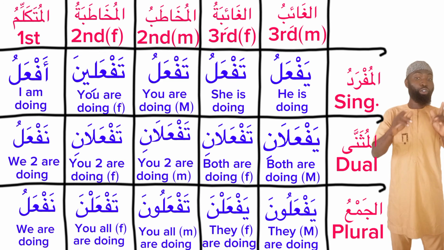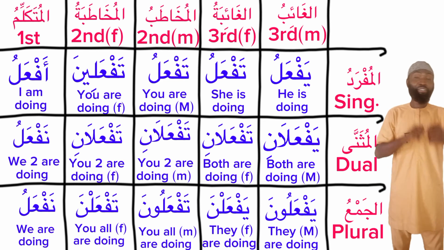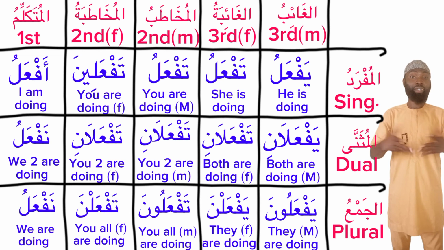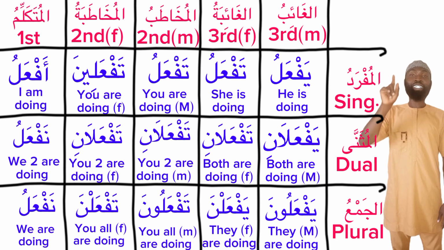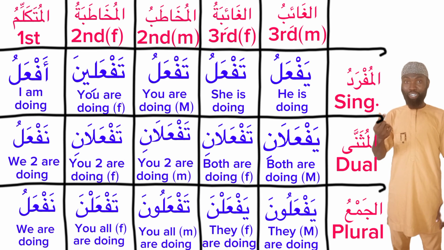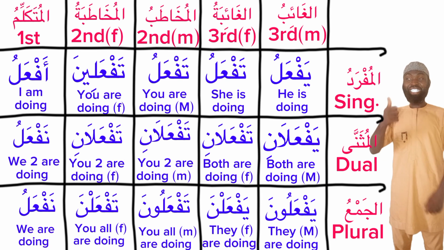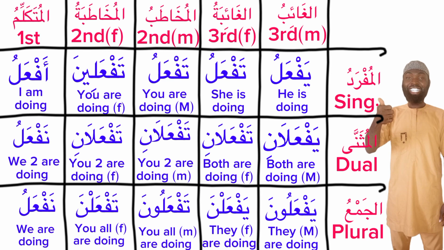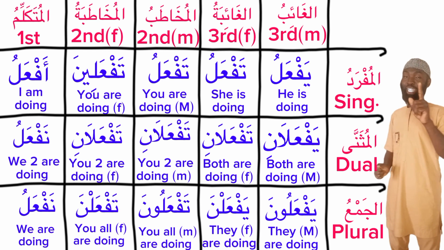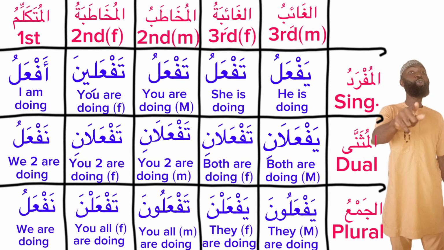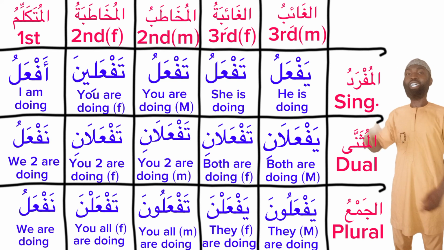So let's move through the table again, reading it faster so we can memorize it. Let's go. Yaf'alu, taf'alu, taf'alu, taf'alina, af'alu. Yaf'alani, taf'alani, taf'alani, taf'alani, naf'alu. Then yaf'aluna, yaf'alna, taf'aluna, taf'alna, naf'alu.